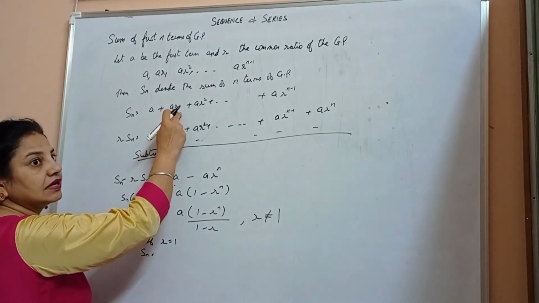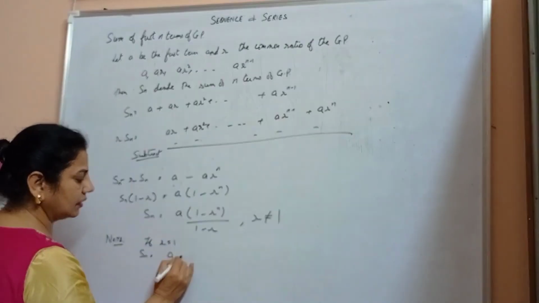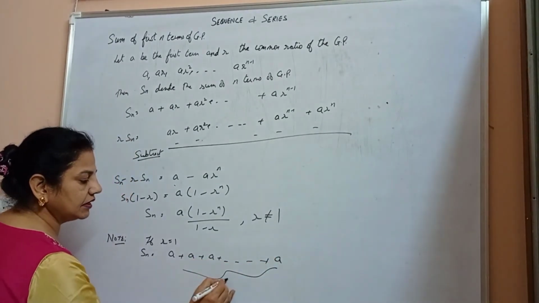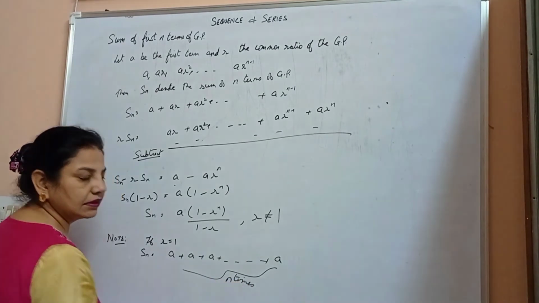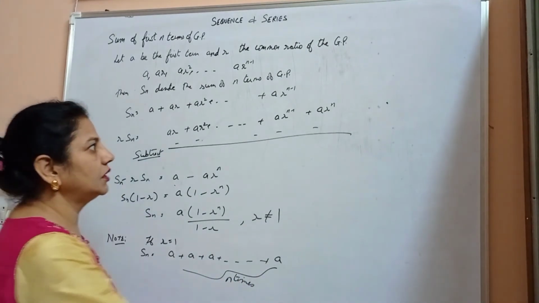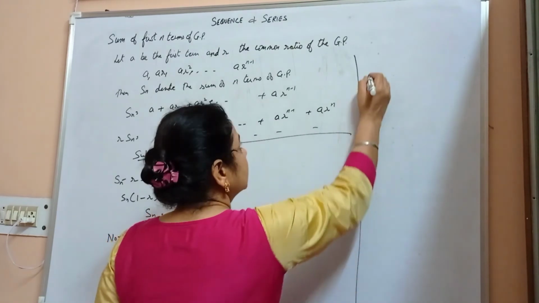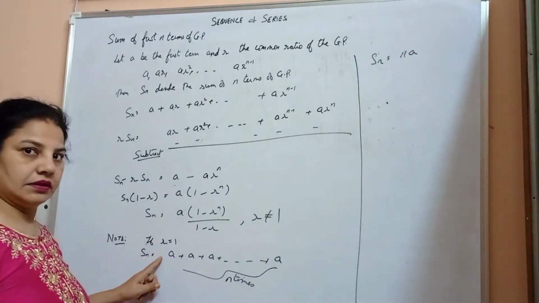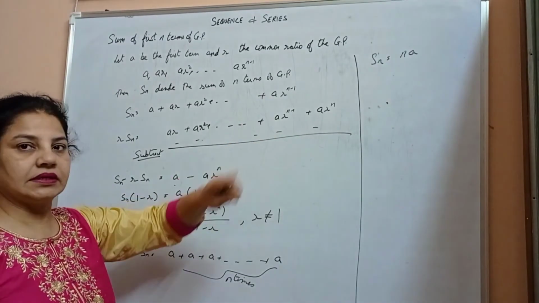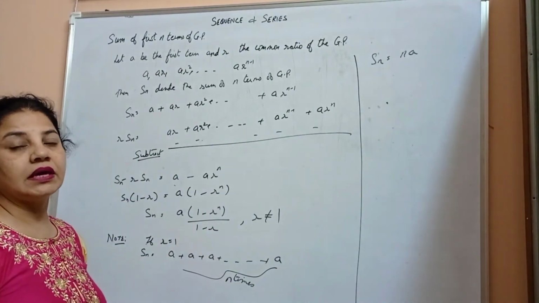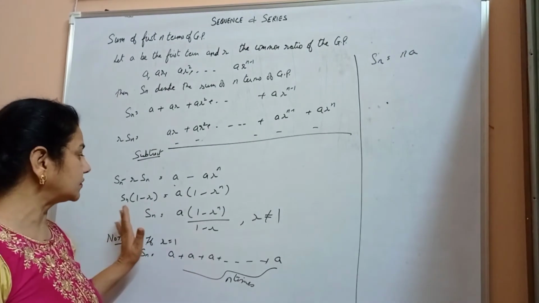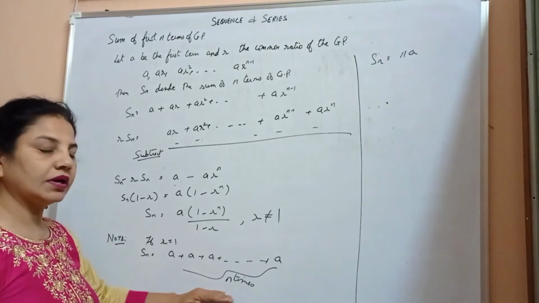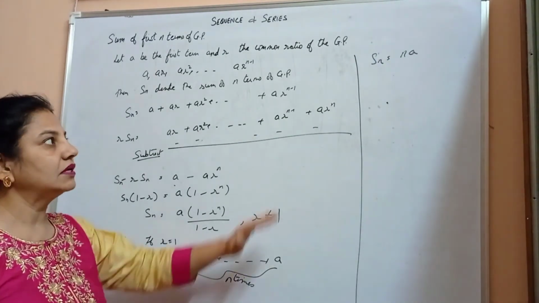I will substitute 1 wherever there is R: A plus A plus A and so on plus A. This A is being added n times, so Sn is equal to n times A. If R is equal to 1, in that case Sn is equal to n times A. In that case we do not use this formula. We will simply write R is equal to 1, so the sum is nA.